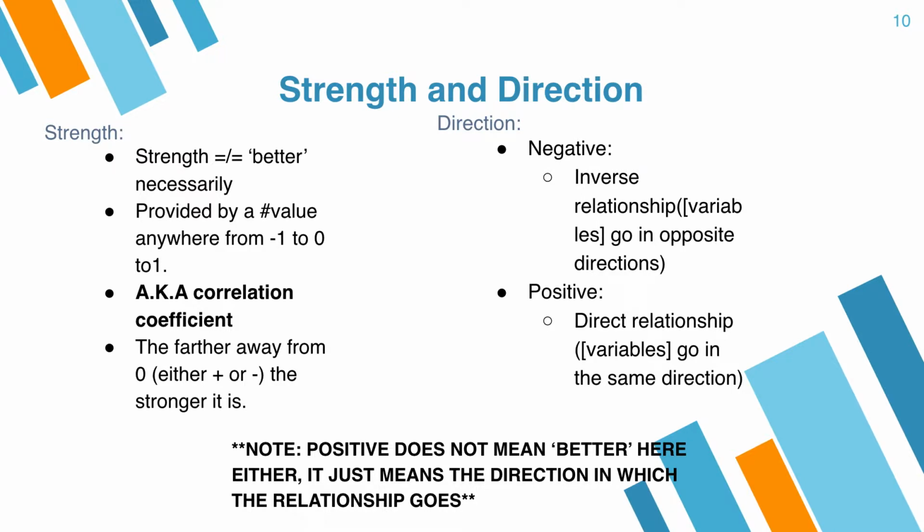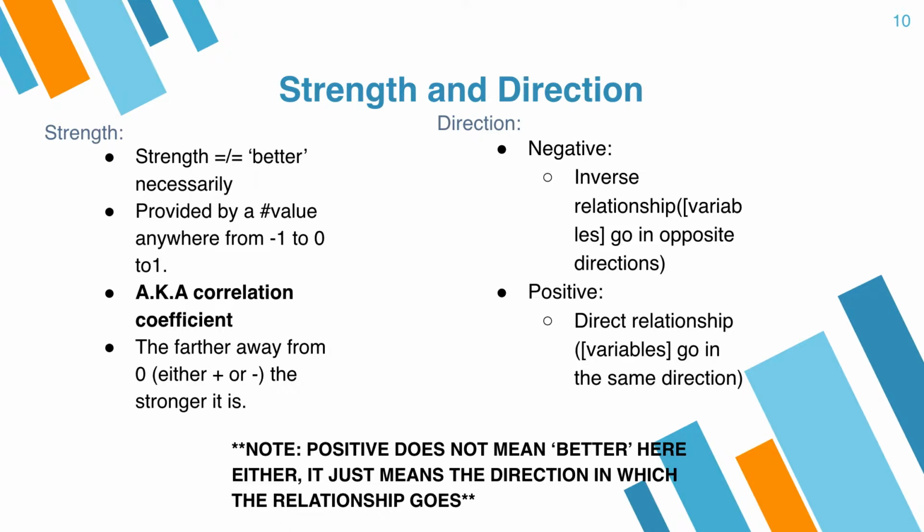And for a negative direction, it will basically be going diagonally from left to right, downward, and for a positive direction, it would be going the normal way, a bottom diagonal from left to right, going upward.